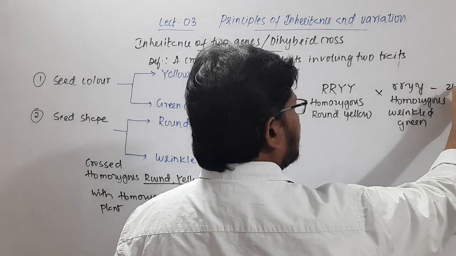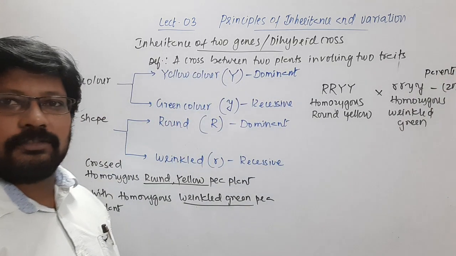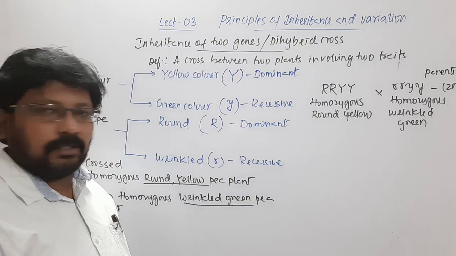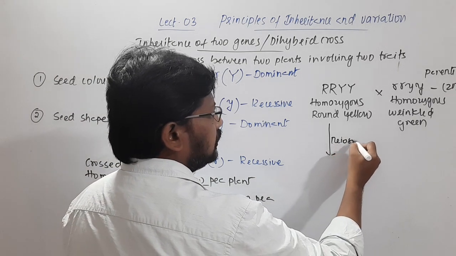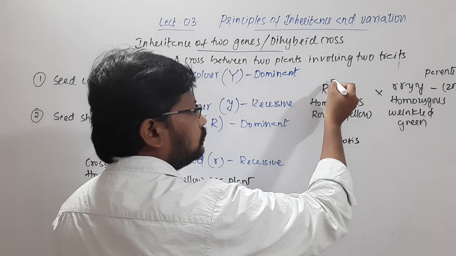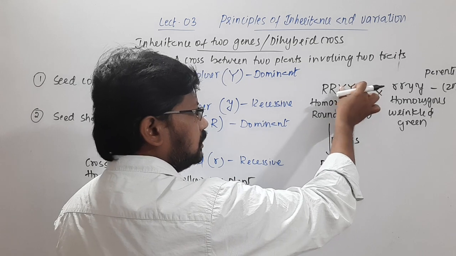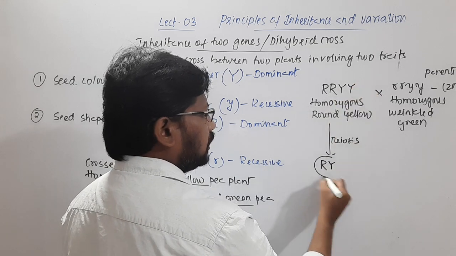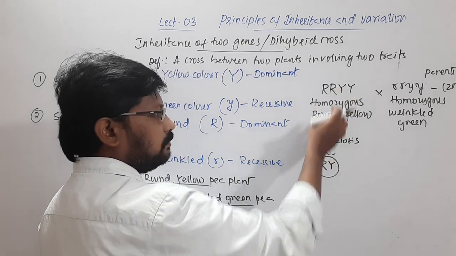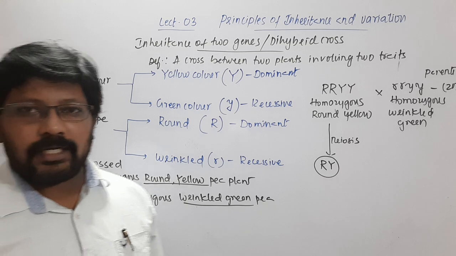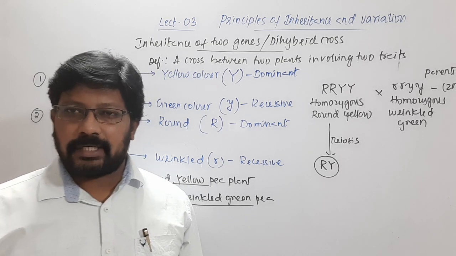So 2n parents. Now the gamete formation, meiosis, and we know out of these two genes only one gene will enter the gamete, and out of these two only one. So it will become capital R, capital Y. Here the parents are diploid, but gametes are haploid and will receive only half the number of genes from the parents.